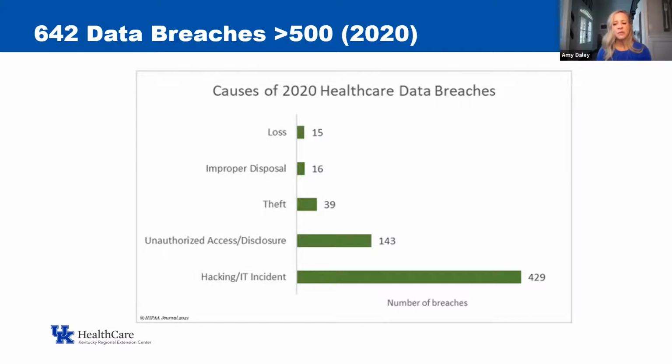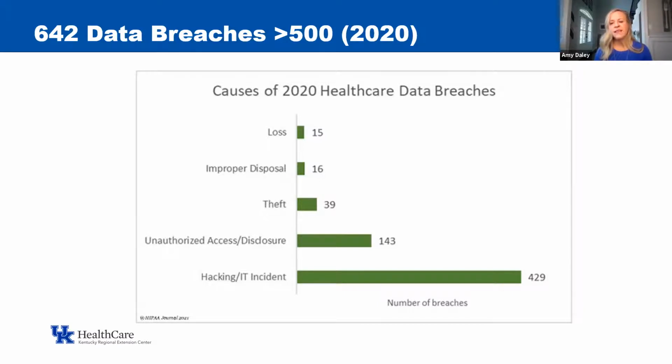So if you look at the bottom of this graph, unauthorized access and disclosure and hacking and IT incidents made up the bulk of these breaches. Unauthorized access and disclosure can happen through a variety of ways: email, impermissible access, snooping on charts, sharing, downloading charts.